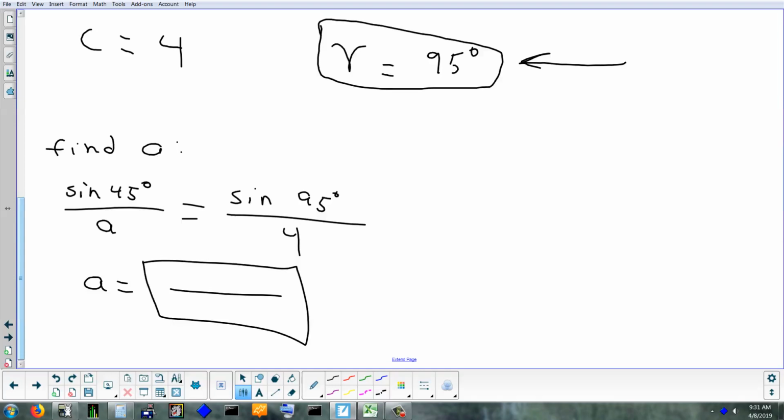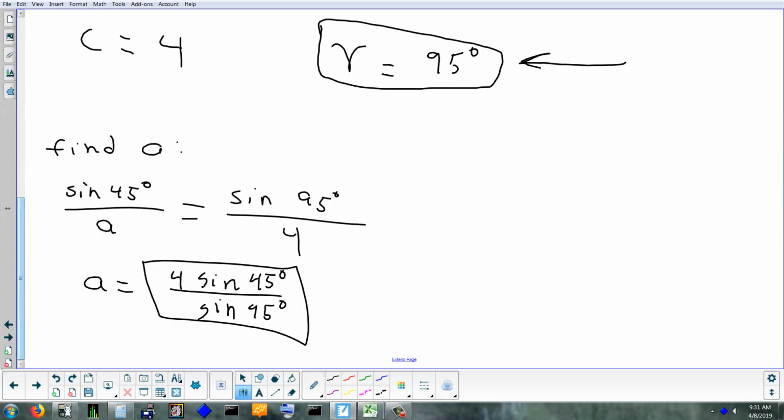Not sure? It's 4 sine 45 divided by sine 95. Yes. Thank you. 4 sine 45 divided by sine 95. And now we type that in.